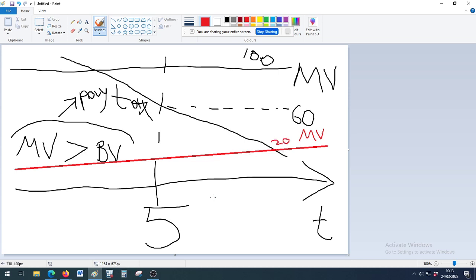In this case, the market value is less than the book value, right? In that case, you can have a tax deduction, or tax credit. You can take it as a loss. The difference between 60 and 20, which is 40,000, you can take it as a loss.